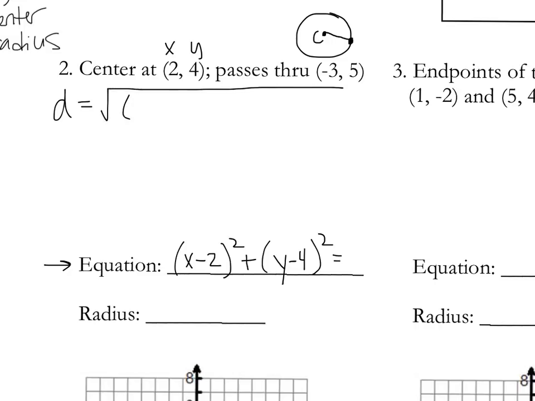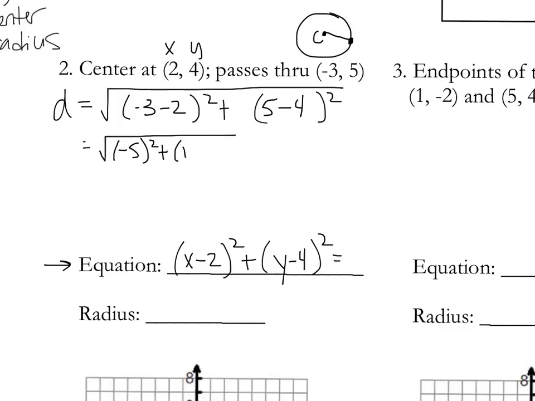Distance formula is something squared plus something squared. It comes from Pythagorean theorem. That's where it was derived. And then we got to use the x2 minus x1, y2 minus y1. So -3 minus 2 and 5 minus 4. That gives me the square root of -5 squared plus 1 squared. So square root of 25 plus 1, which is square root of 26.